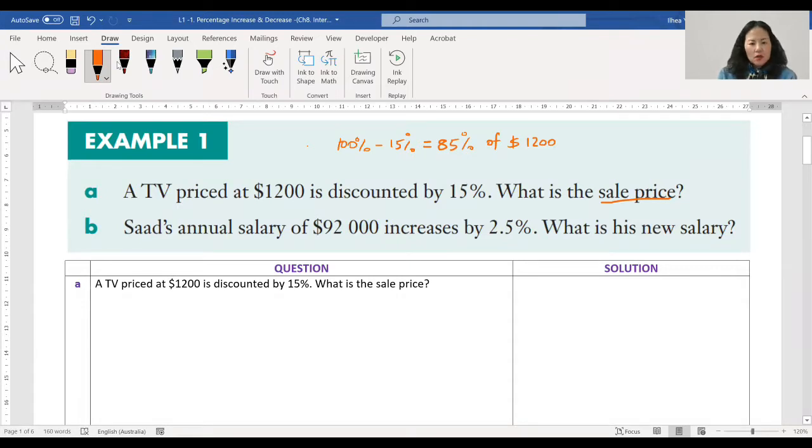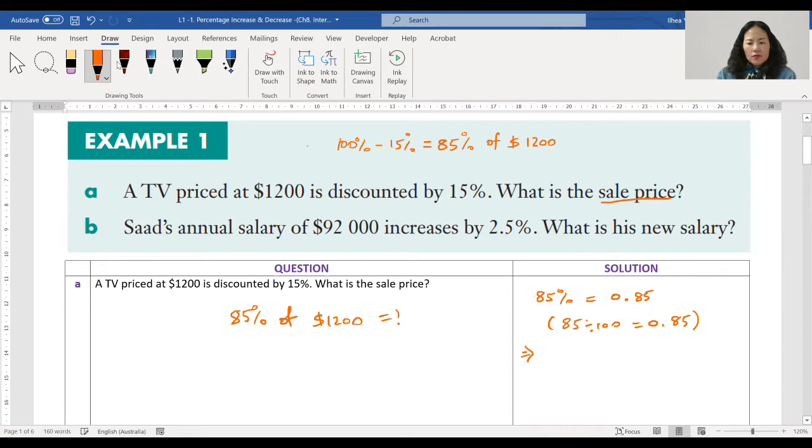I'm going to find 85% of 1,200. 85% means 0.85. Why? Because it's 85 divided by 100, which is 0.85. If you're not really confident converting a percentage to a decimal, of course, use a calculator, please, okay?